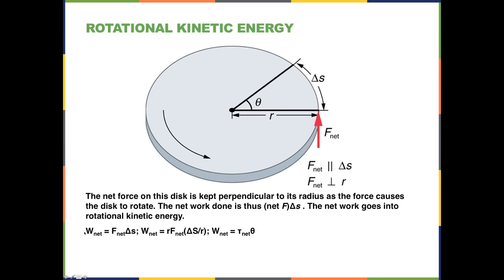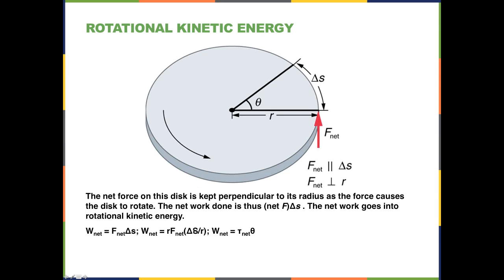So the net work is equal to the net force times the change in distance, delta S, and we can introduce this concept because this is how we find theta.